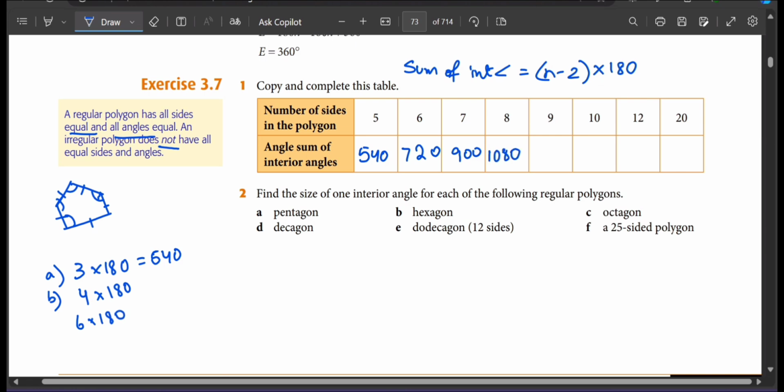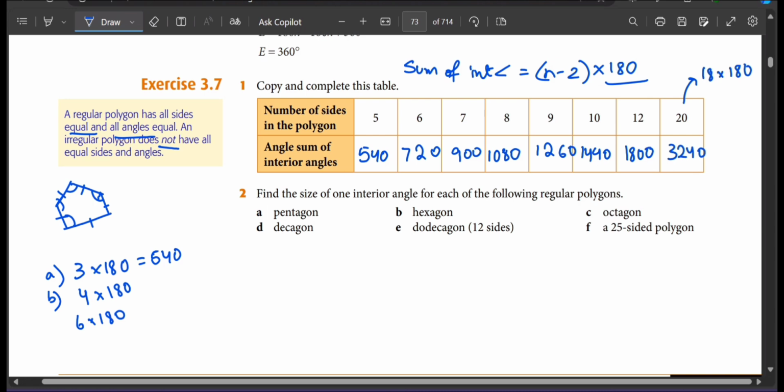Now 7 into 180 is going to be, I think, 1260, and then 8 into 180 is going to be 1440, and then 10 into 180 is going to be 1800, and then 18 into 180 is going to be 3240. It's just a matter of knowing how to use a calculator.